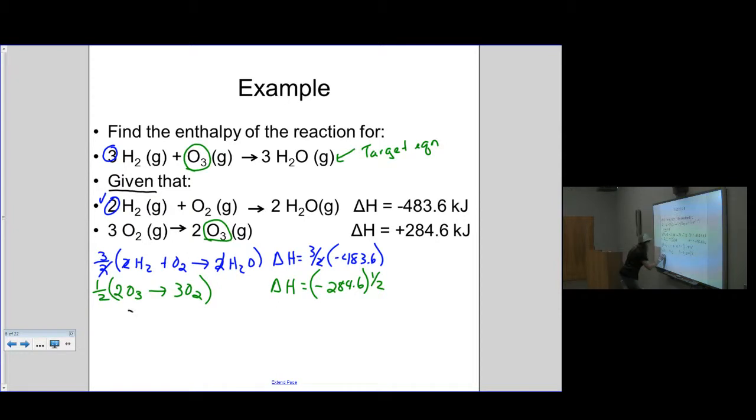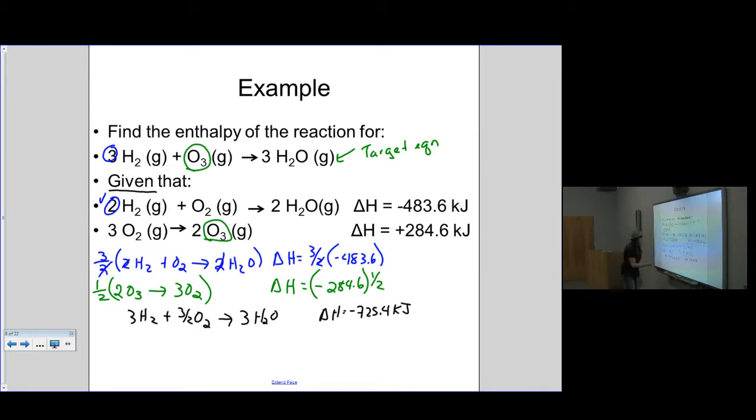So I'm going to end up with 3 H2s plus 3 halves O2 forming 3 H2Os. And that delta H is going to be equal to negative 725.4 kilojoules. So there I've handled the first given equation.